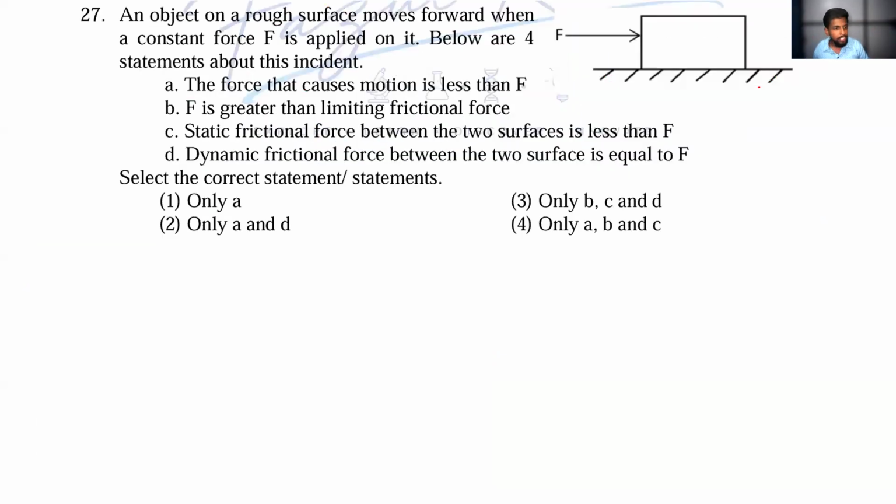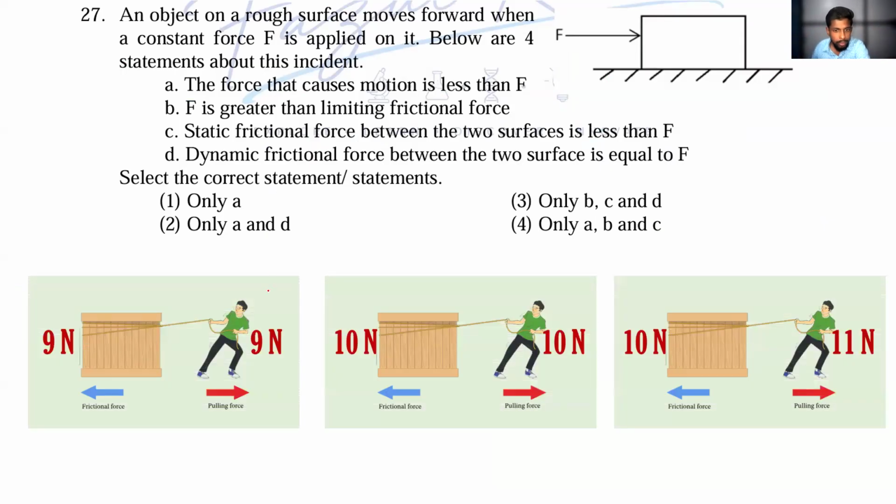Fine. Then question number 27. Same. Once again, I want to tell you, read the question carefully. I have given the data which are needed for this question. Read the question carefully and tell me the answer. Be careful when you answer the question. Fourth one?